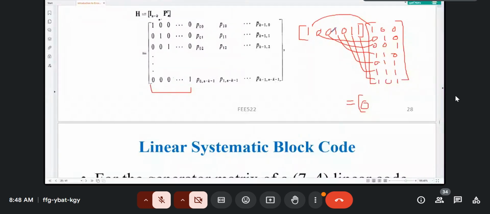Then the second one: 0 plus 0 plus 0 plus 1, and 1 plus 0 plus 1 plus 0, so it is 1 plus 1.